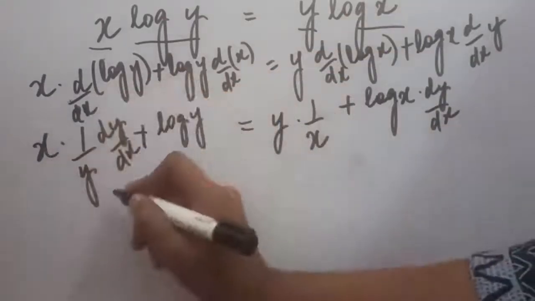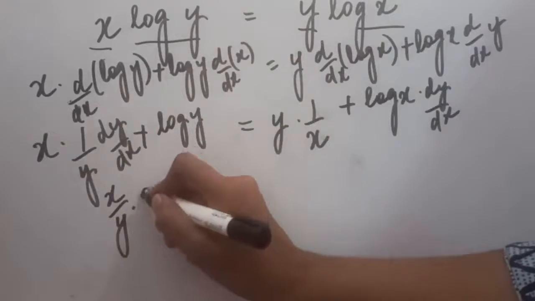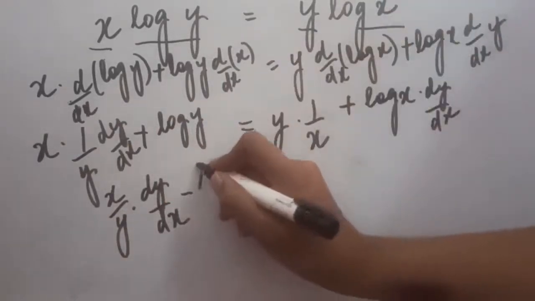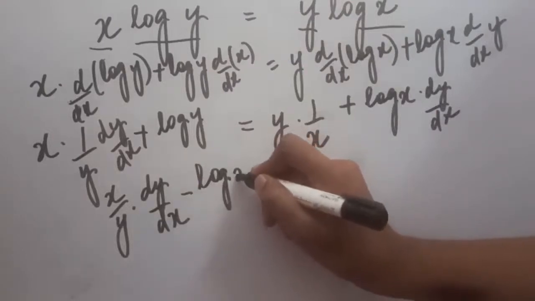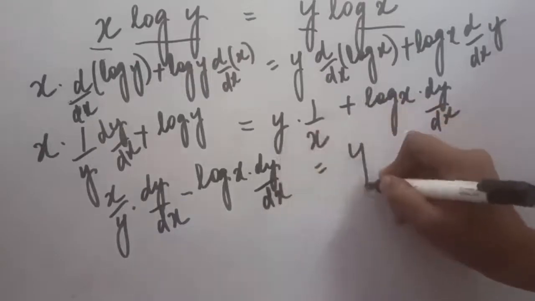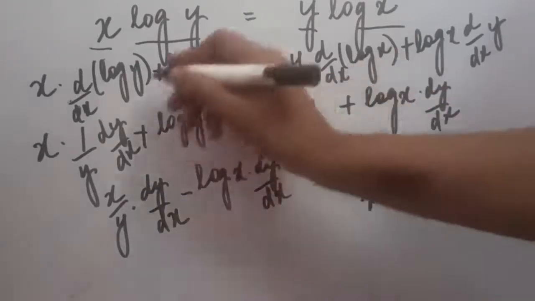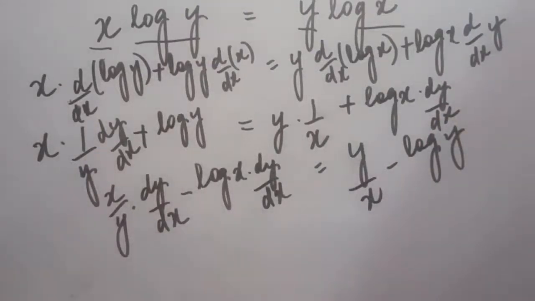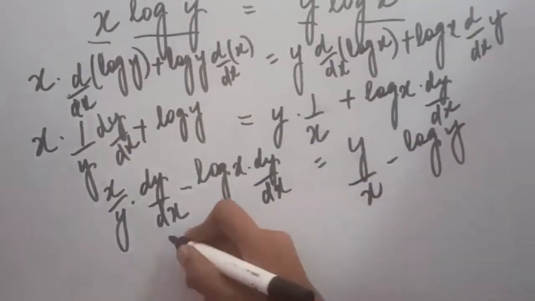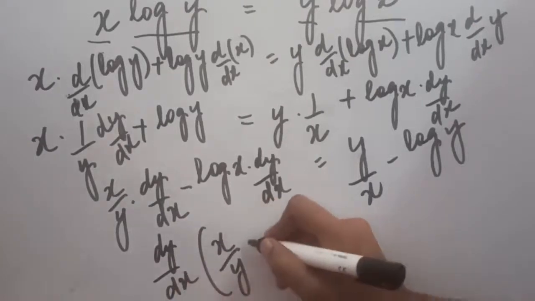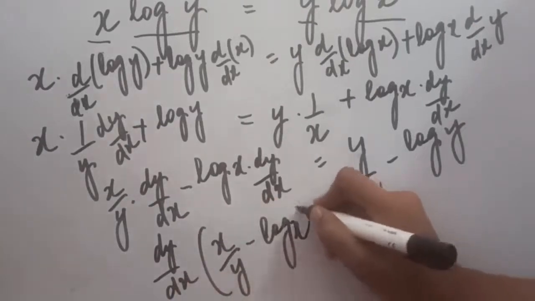So if I solve this portion, it is x upon y into dy upon dx, and this also will come on this side, so log x into dy upon dx in the minus. On the right hand side I have y upon x, and this also will go here, minus log y. Now we can take dy upon dx common from the left hand side. If I take common dy upon dx, it is x upon y minus log x.